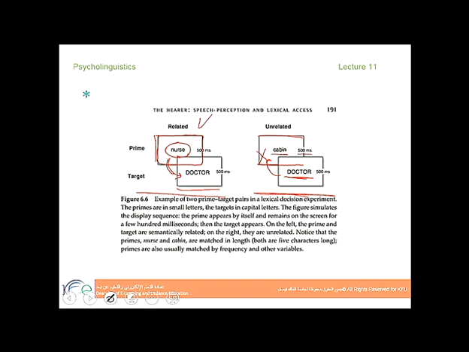Usually this is faster. We respond faster if the preceding word is related. This is called priming. This word primes this word. It makes it active. This word makes this word active.